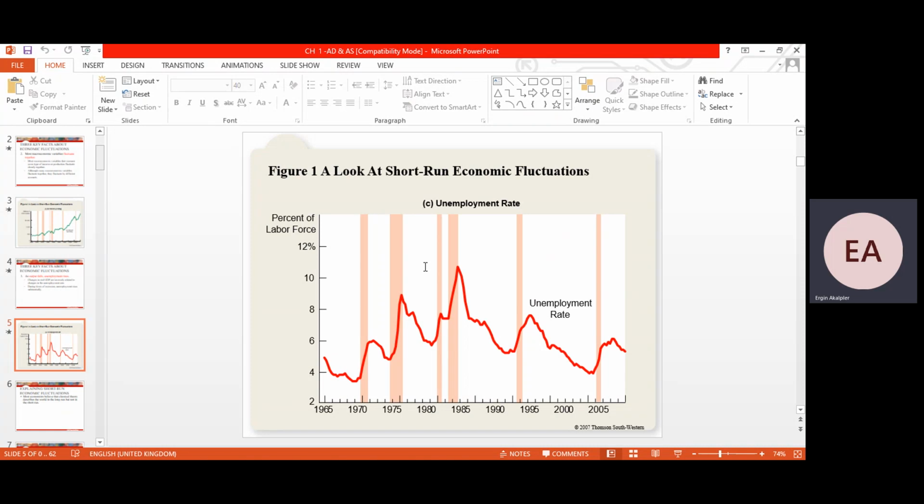Between 1965 and 1970 unemployment is decreasing, and after the 70s it is going to increase up to 7%, and then it decreases again until 75. After 75 the unemployment rate goes to around 8 to 9%.